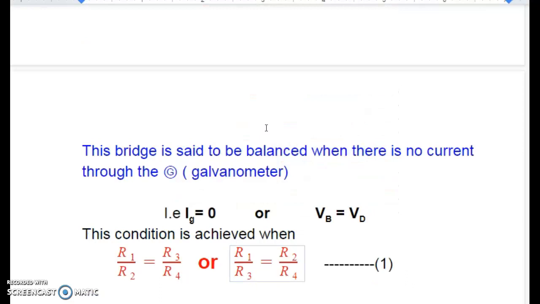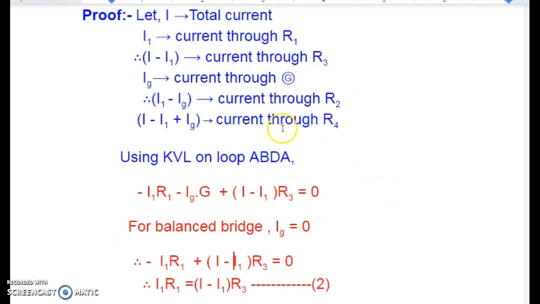And then I understand that in this ABDA loop, the first thing which I was having was resistance R1, across which you have got minus I1 R1 minus IgG plus I minus I1 times of R3, that third resistor which we have. The sum of all these things is going to be equal to 0.